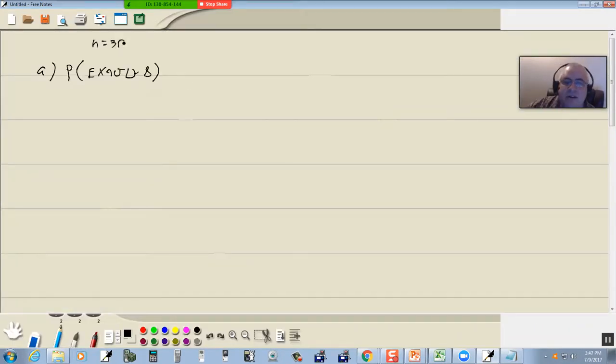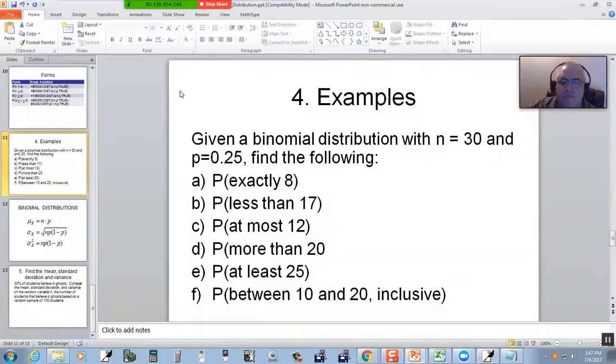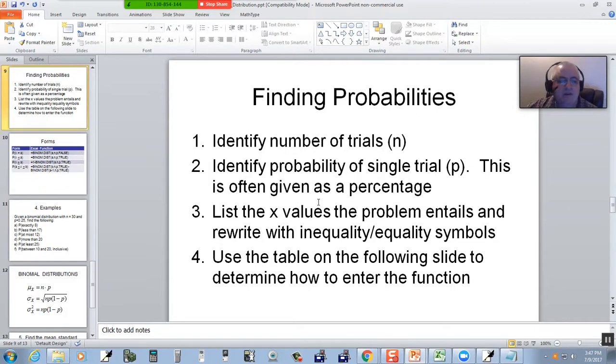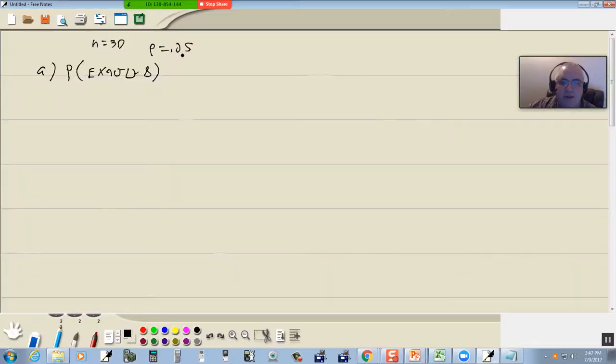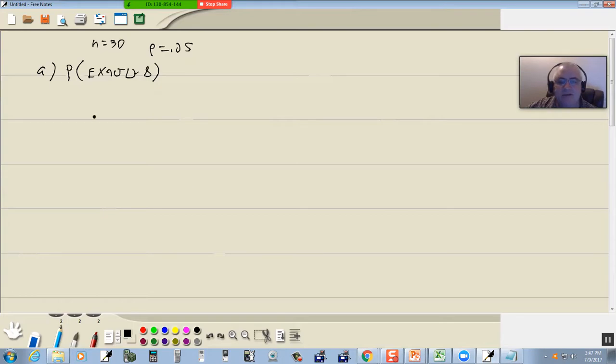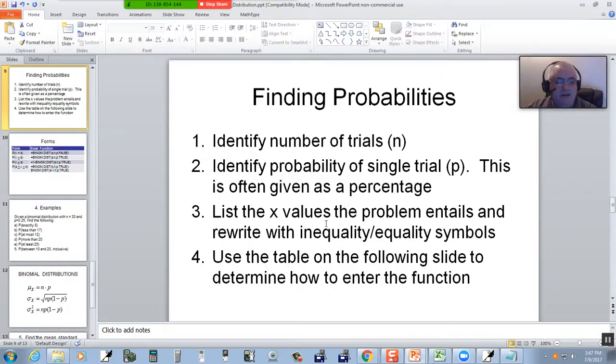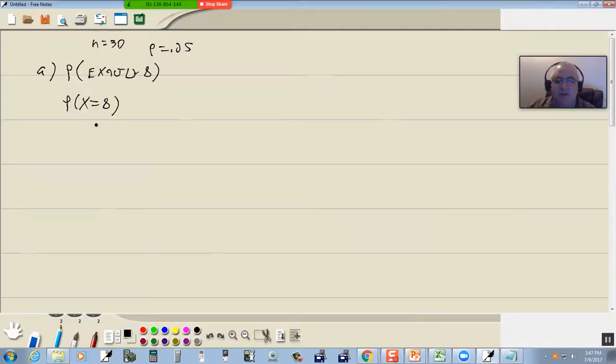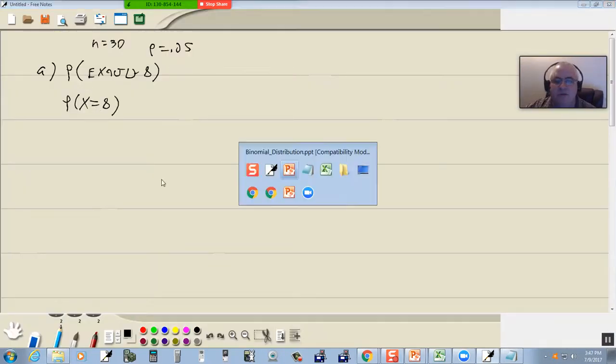So n is 30, p is 0.25. Okay, identify number of trials n and p, which are both given, so I don't need to worry about that. List the x value the problem entails. Exactly 8. That means x is equal to 8. And rewrite with inequality or equality symbols. This is already written with an equals.